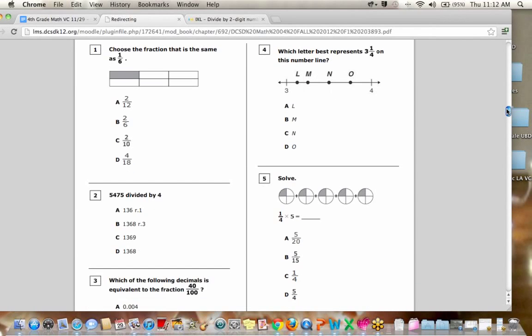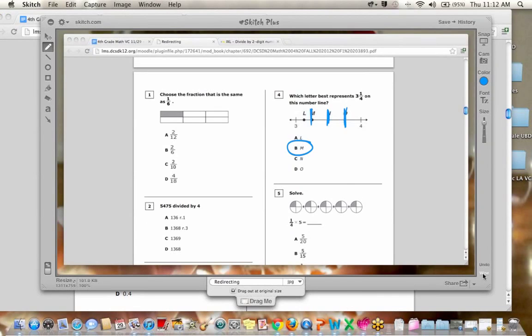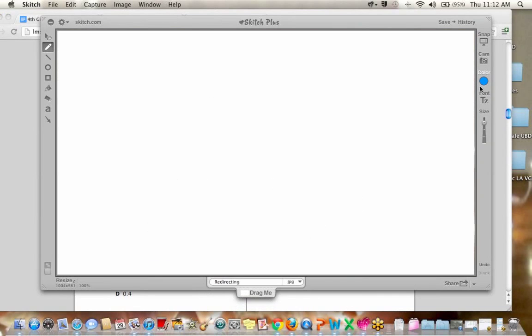Oh, well, now this isn't too bad, but it might be something that's new to you. 1/4 times 5. So we are multiplying fractions. All right. My original problem is 1/4 times 5. There's a couple of different ways to do this.